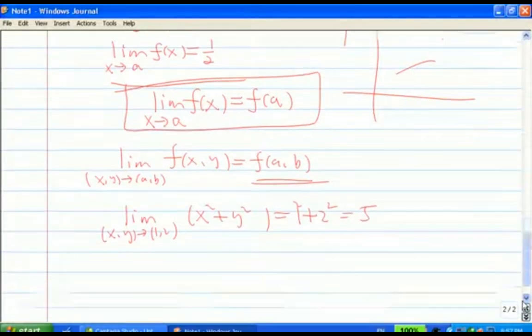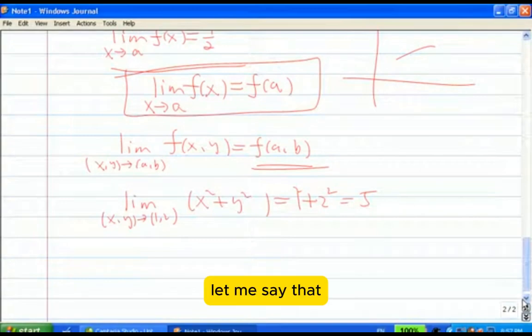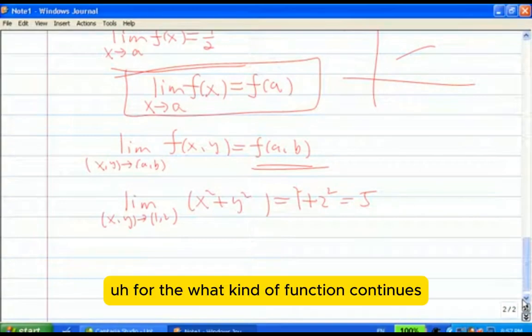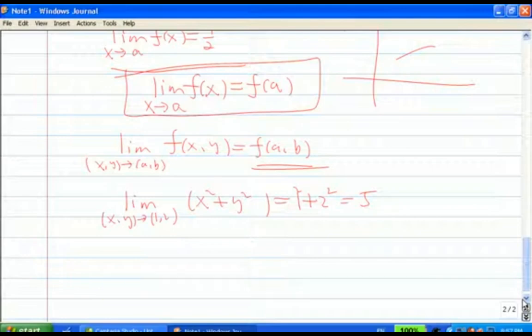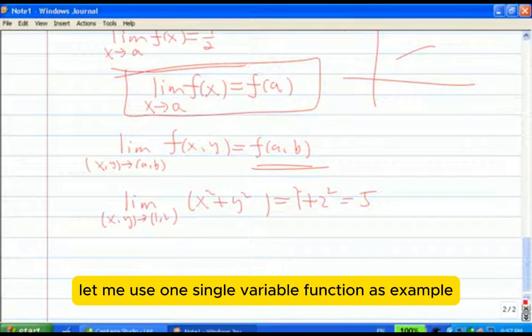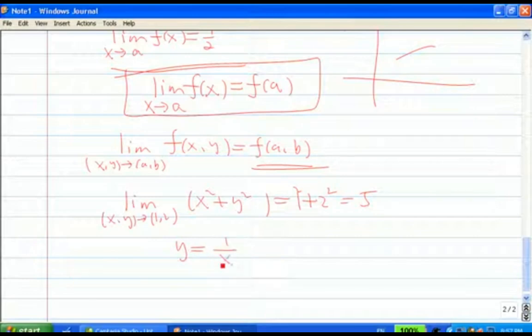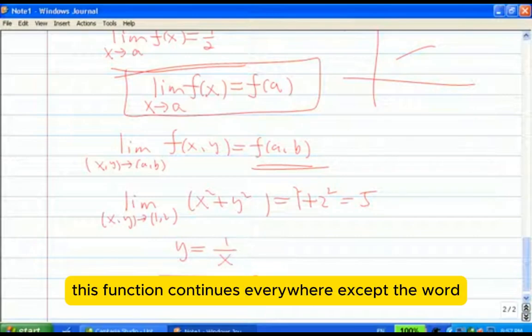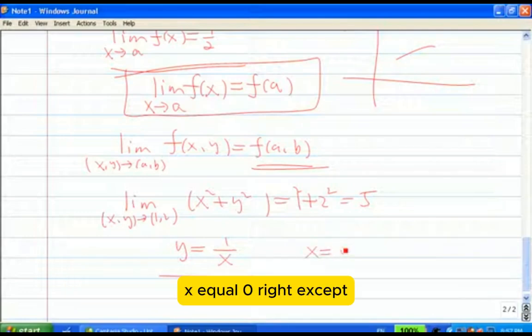Let me say that. What kind of functions are continuous? Most of the functions you deal with are continuous. Let me use a single variable function as an example. For example, this function is continuous everywhere except x equal to 0, right?